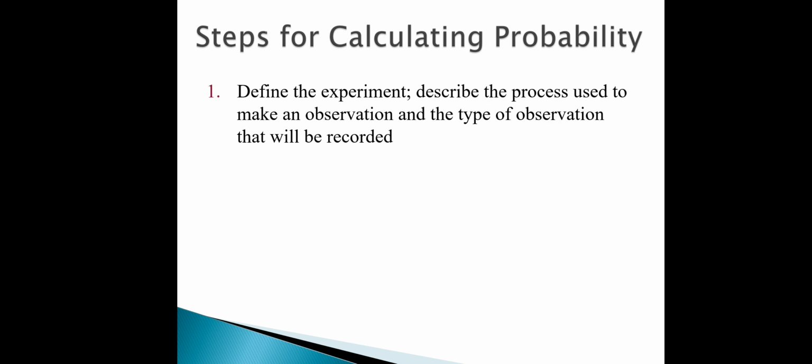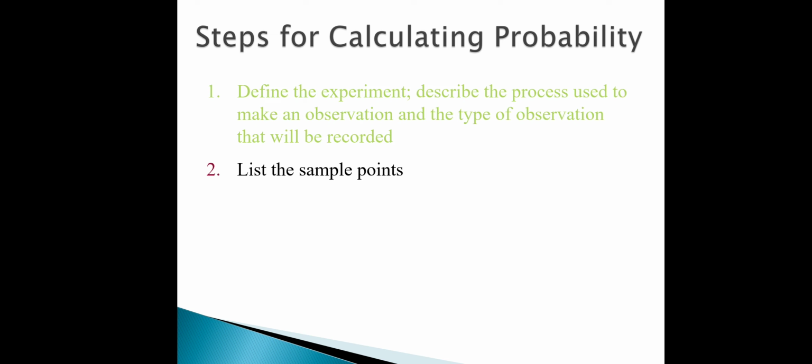Steps for calculating the probability. Define the experiment: describe the process used to make an observation and the type of observation that will be recorded. List the sample points.